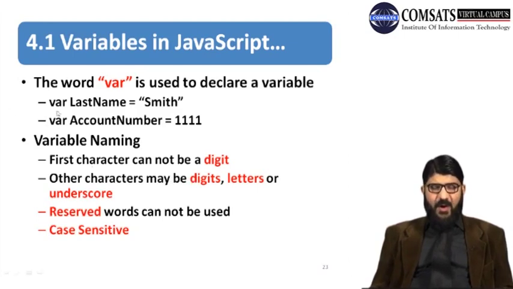So see, the keyword var is mentioned, then lastname is given, so it means the variable is declared. And after the equal sign, when we mention Smith, it means the variable is initialized as well. Now the variable accountnumber is assigned 1111. So it is the initialization of accountnumber.